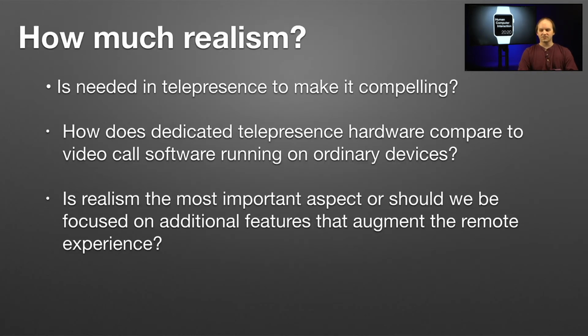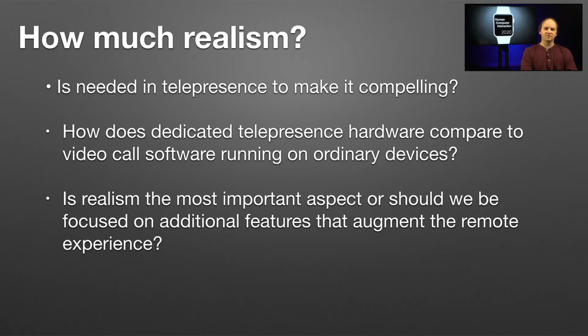So whether it's a robot or the Cisco screens or the Hypermirror kind of thing, telepresence focuses on realism and really trying to transport you from wherever you are to somewhere else. But a question that some people have looked at is, is pushing the realism really the most important thing for the interaction?